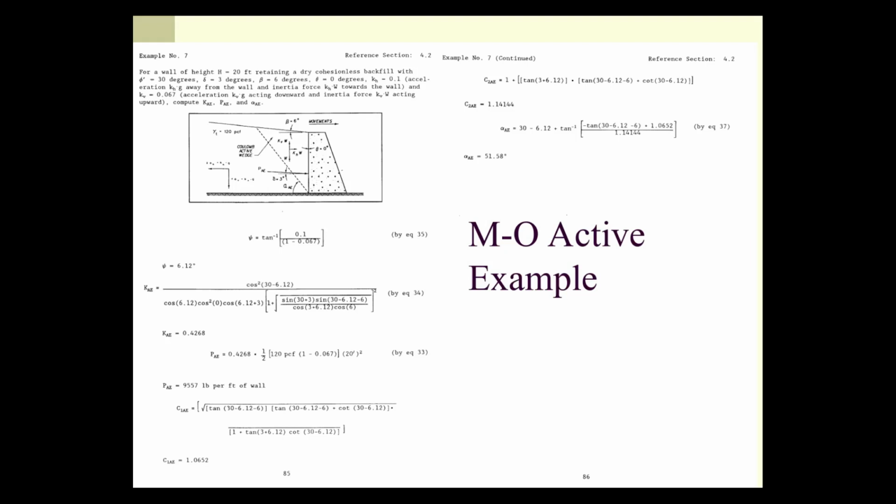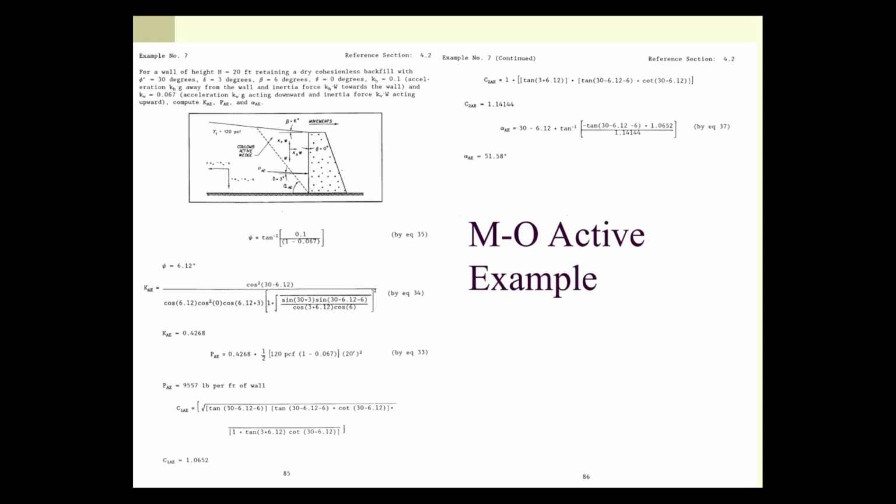And you're supposed to compute KAE and the alpha. And like I said, I'm not emphasizing the alpha. I'm looking more at KAE and PAE. Well, in both cases, it's plug and chug. We start with the psi, which is the arctangent of 0.1 over 1 minus 0.06, which is equal to 6.12 degrees. The KAE is then, you just plug and chug that, and you get 0.4268.